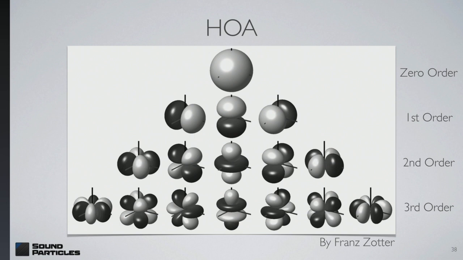And if you want it even more accurate, you can go to third-order Ambisonics, now with 16 channels of audio. And you can continue even further. For instance, 6th-order Ambisonics needs 49 channels of audio, and it's laser blade almost. So by having additional audio channels, you get more accuracy with second-order, third-order Ambisonics.